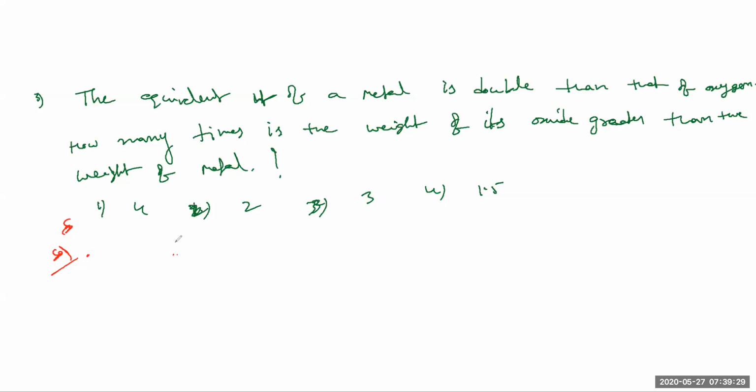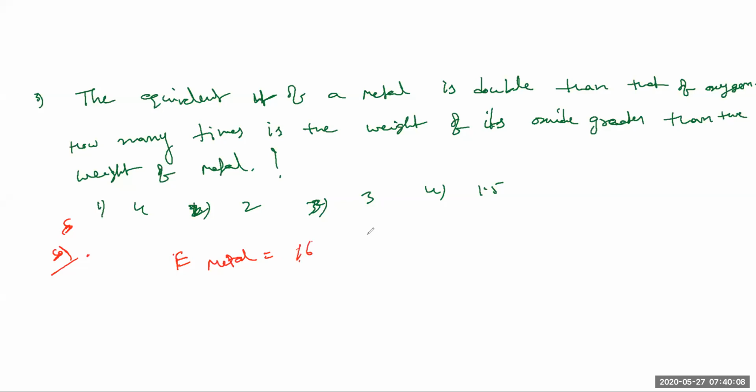So let us consider now, the equivalent mass of oxygen is equal to the equivalent mass of metal. Oxygen is 8, double means 16.